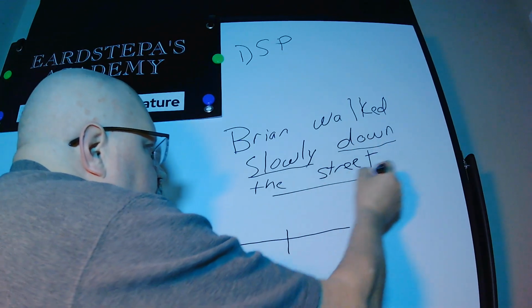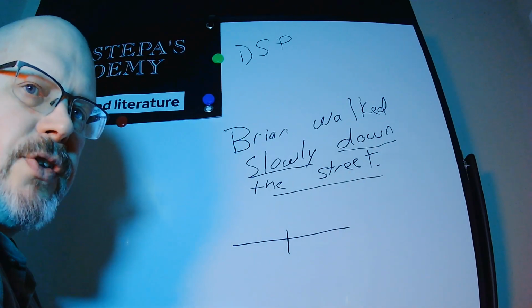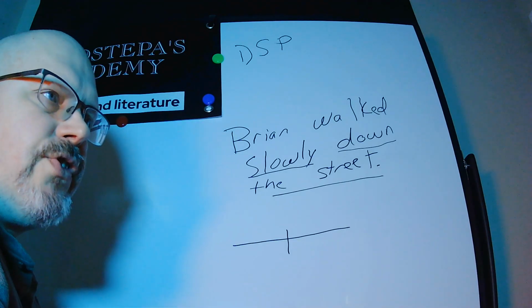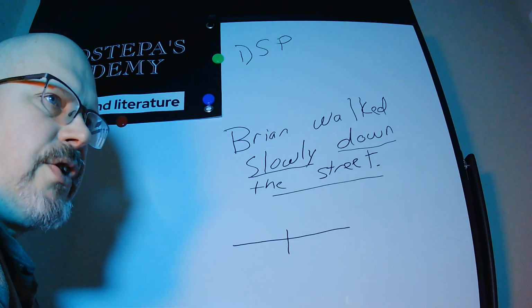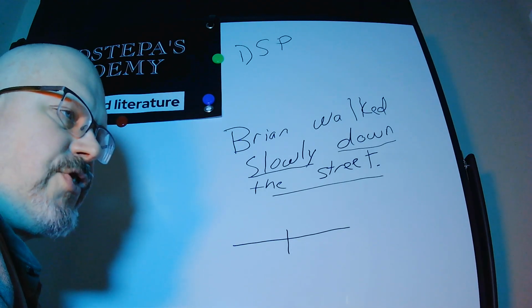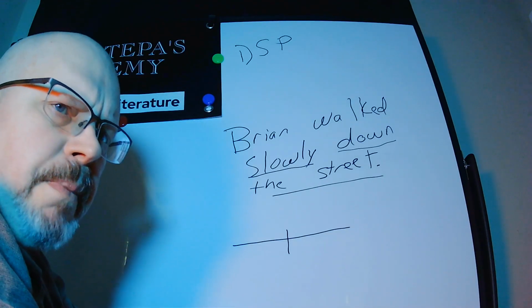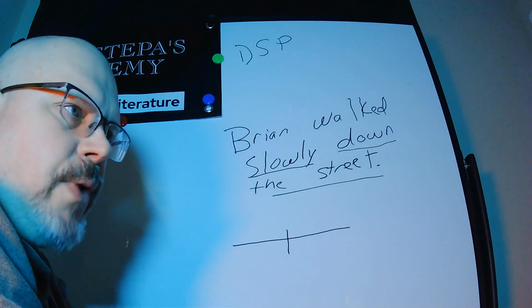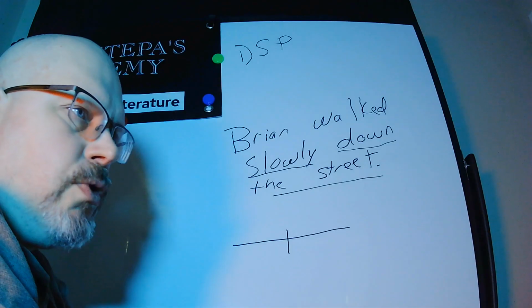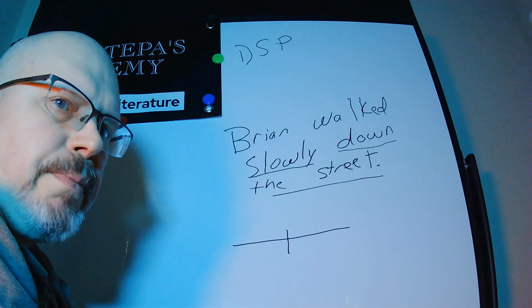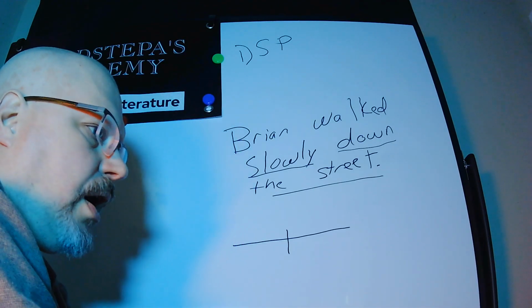Down the street is a prepositional phrase. And prepositional phrases will never be the subject or predicate. The exception to them being the subject is if you have the name of a book or a movie or a song that is a prepositional phrase.